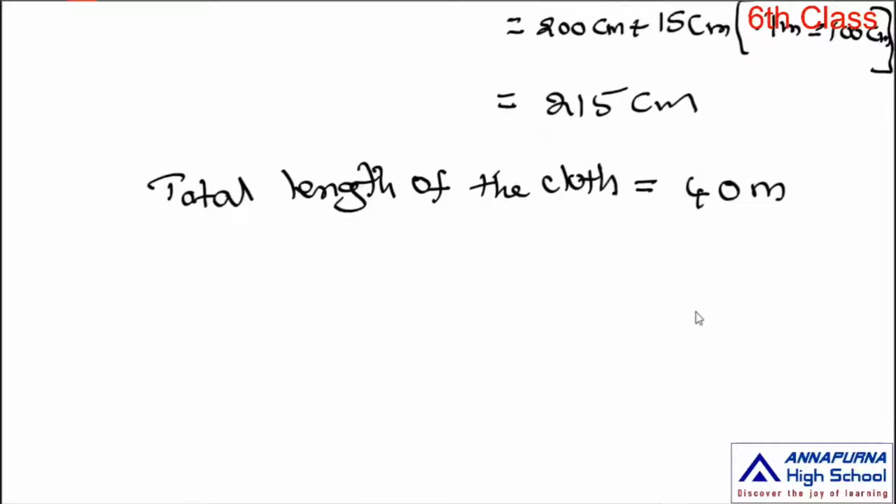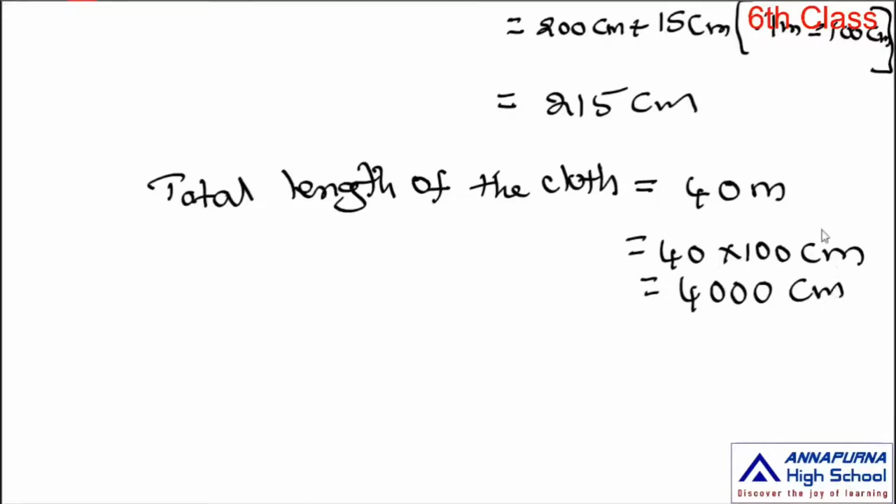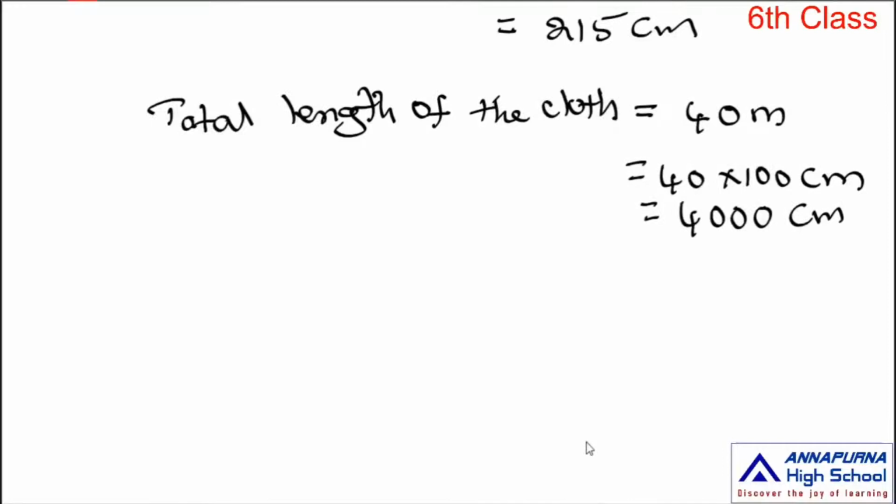Total length of the cloth is 40 meters. This also we convert into centimeters. 40 into 100 centimeters. Here 1 meter is equal to how many centimeters? 100 centimeters. When we multiply 40 by 100, that is 4000 centimeters. Total length of the cloth is 4000 centimeters.